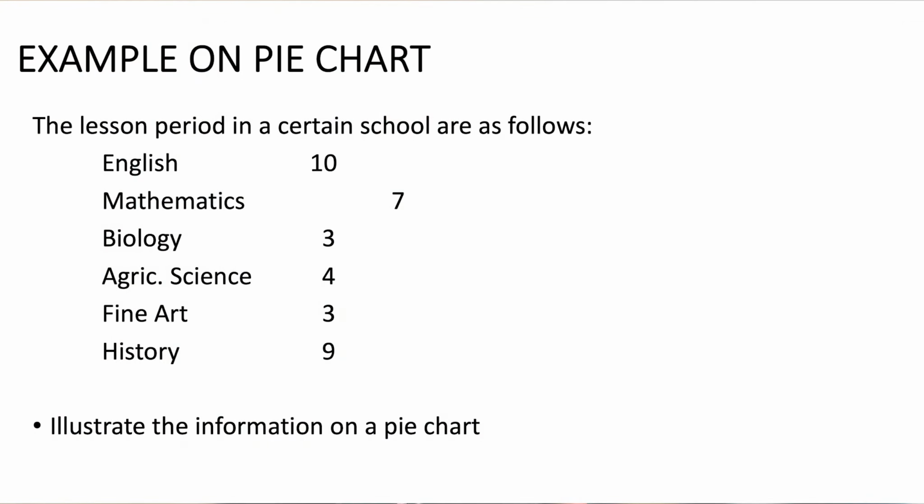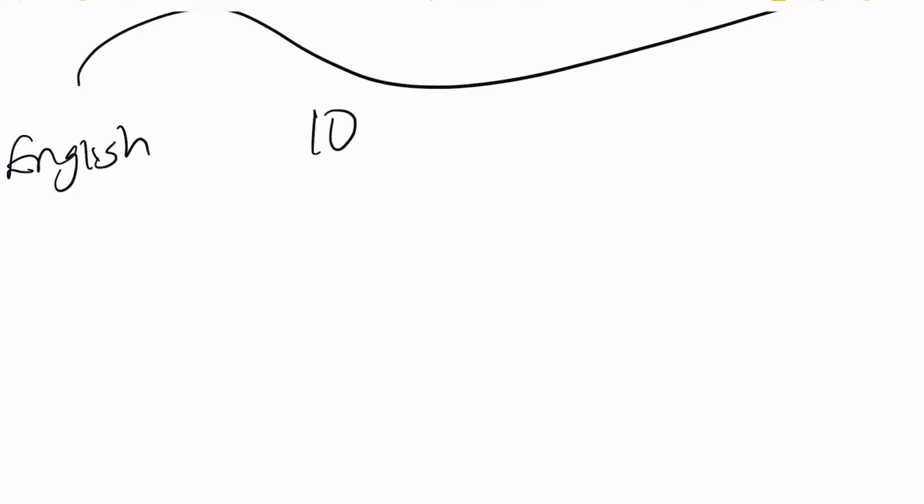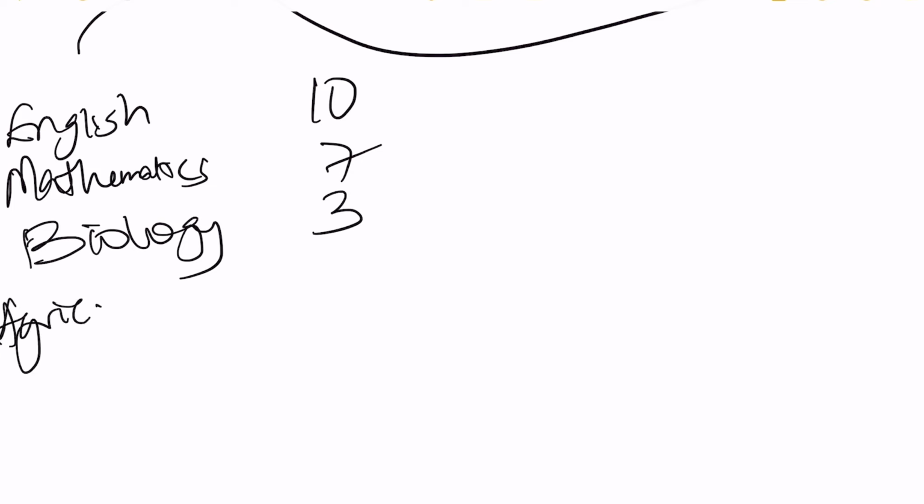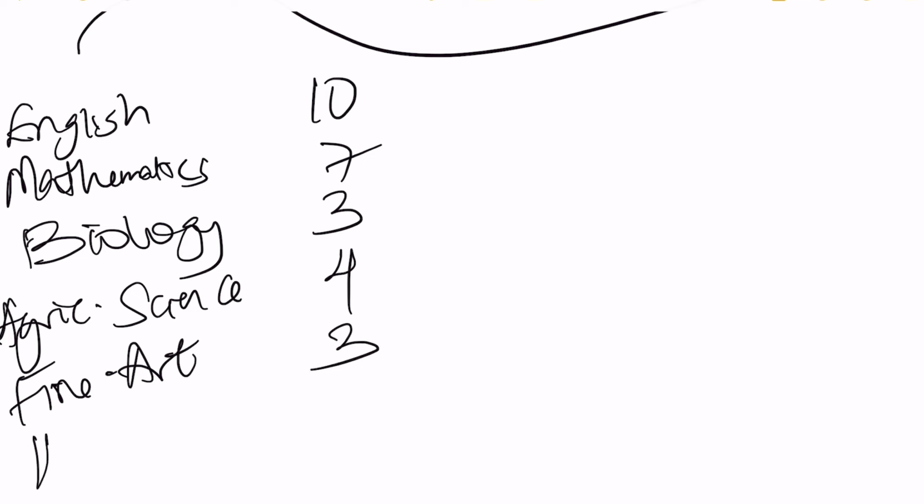to another quantity. Now, our first example today is: the lesson periods in a certain school are as follows. English is 10 hours, mathematics 7 hours, biology 3 hours, agric science 4 hours, fine arts 3 hours, then history 9 hours.